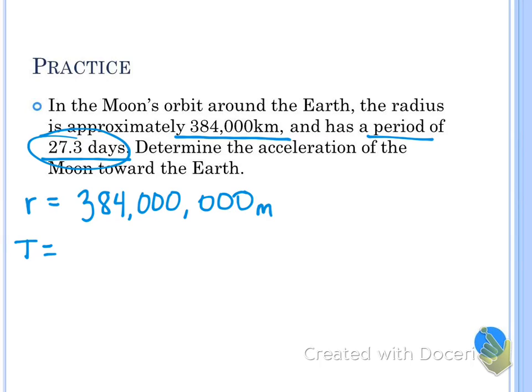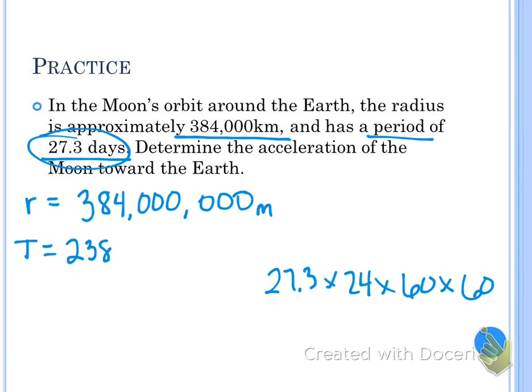All right, there's lots of ways you can do it. 24 hours times 60 minutes times 60 seconds, right? If we want to go from days to seconds, we go 27.3 times 24 hours in a day times 60 minutes in an hour times 60 seconds in a minute, right? That's where we're at. But the period comes out 2,358,720. Yeah.